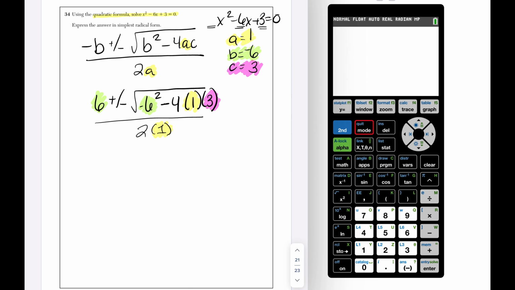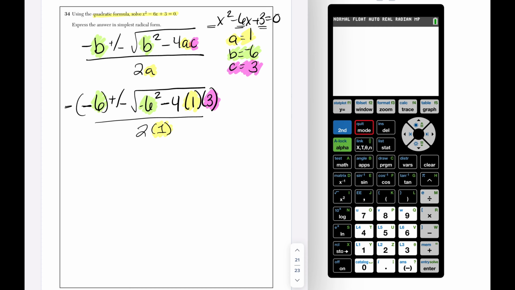Okay? And that's all there is to it. That's literally all I'm doing. So this was a -6, and I want it to be a -6. I want you to see that that's literally all I'm doing. If it helps, I'll even highlight the stuff here so you can see it. Here are my b's, there are my a's, and here's my c.